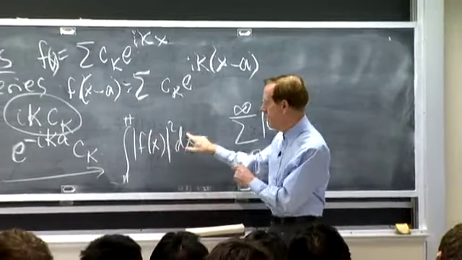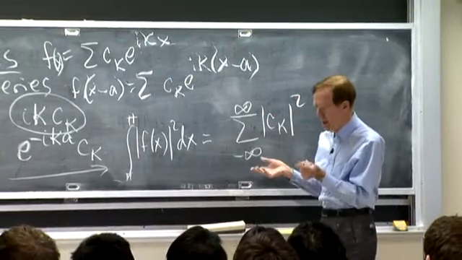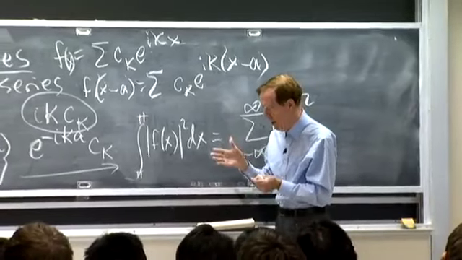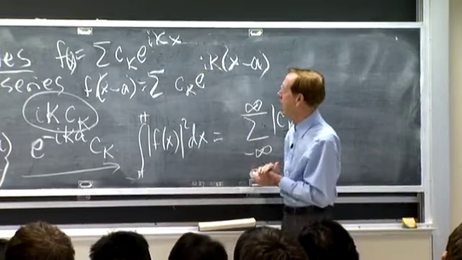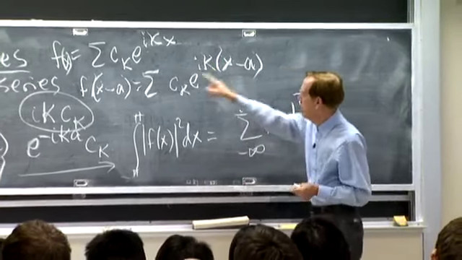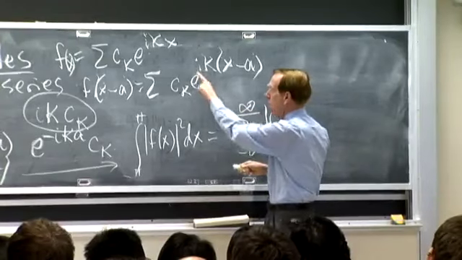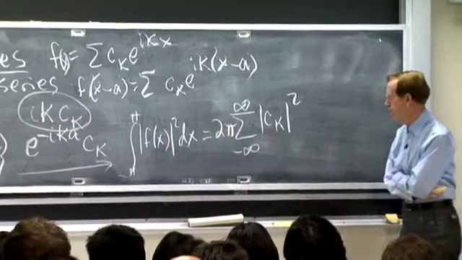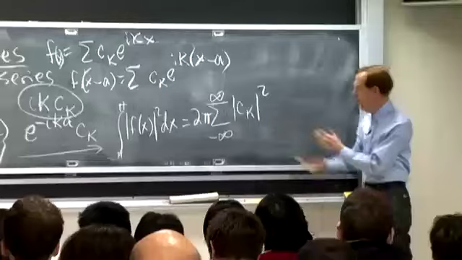And this is f times f bar, so that's this times its conjugate. And we integrated, and all the cross terms vanished, and only the ones where e to the ikx multiplied e to the minus ikx came, and those had ck squared, and when we integrated that 1, we probably got a 2 pi. Okay. So that's the energy equality for functions.